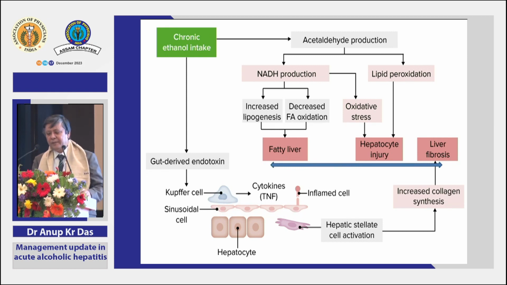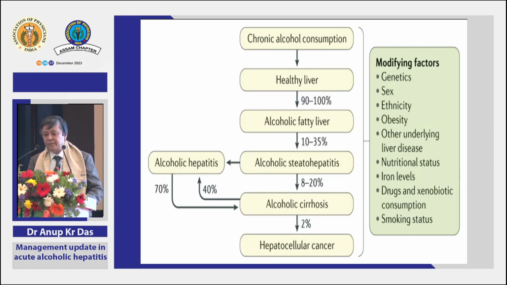First there is fatty liver, then hepatocyte injury, and then liver fibrosis. When the intestines are affected by the direct effects of alcohol, Kupffer cells are affected by endotoxemia, cytokines are liberated, hepatic stellate cell stimulation occurs, and there is fibrosis.